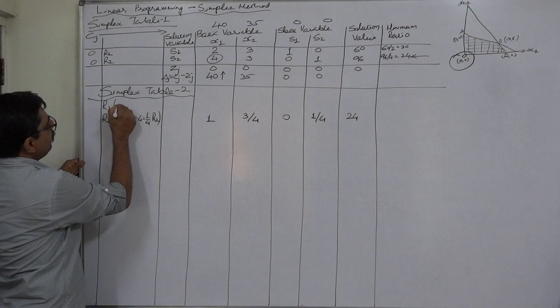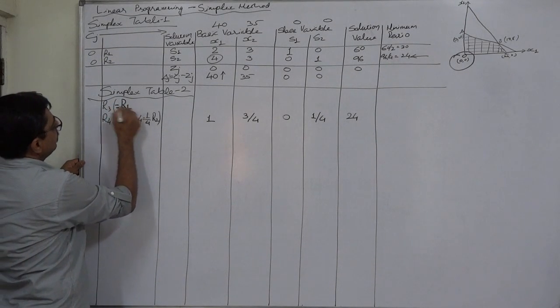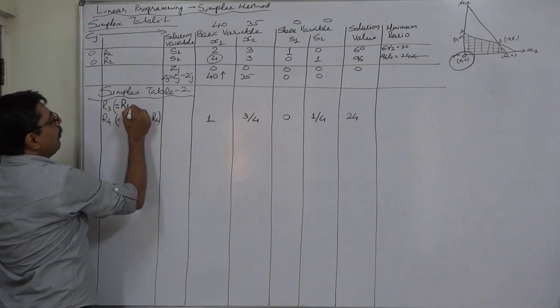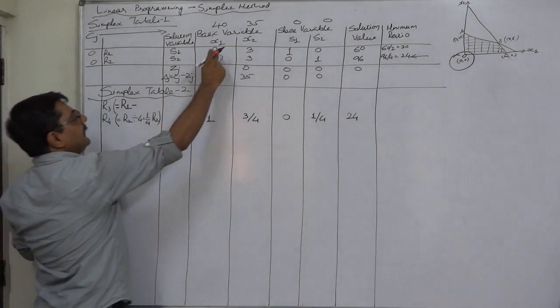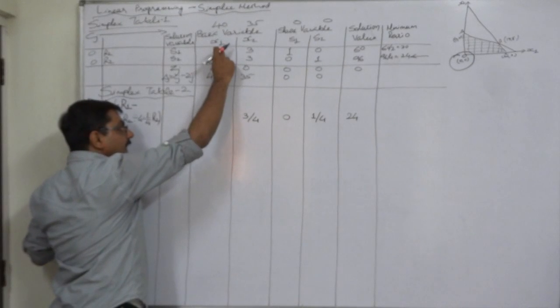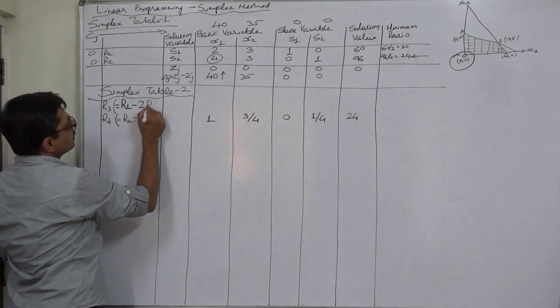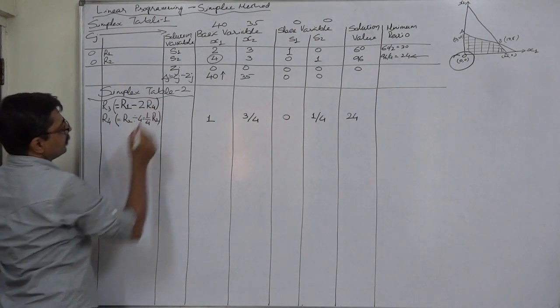So the formula of R3 becomes R1, the origin of R3, minus the element in the key column, 2, multiplied by the replacement row R4.